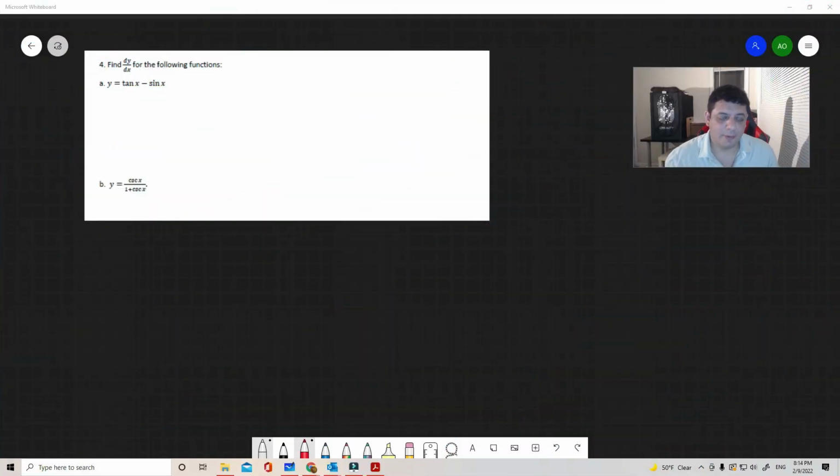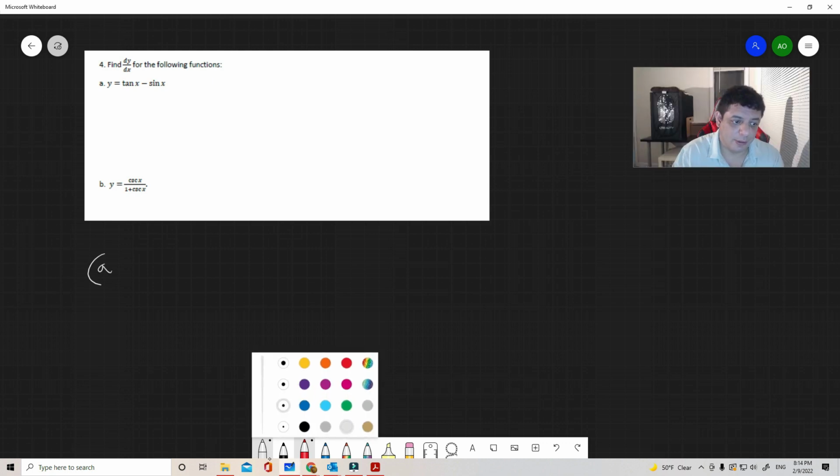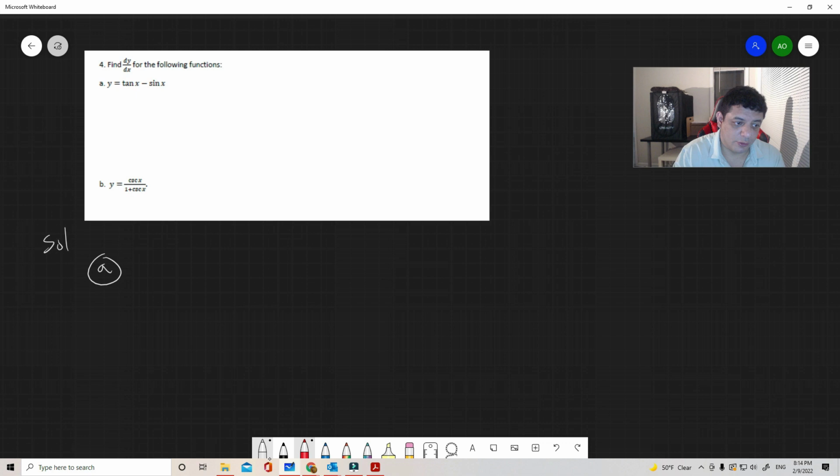Now, in the following examples, we're going to use a couple of different properties. So here we start with the subtraction rule. Solution. For A, if y equals tangent of x minus sine of x, we know already what the derivative of tangent of x is, since this was done in one of our previous examples.